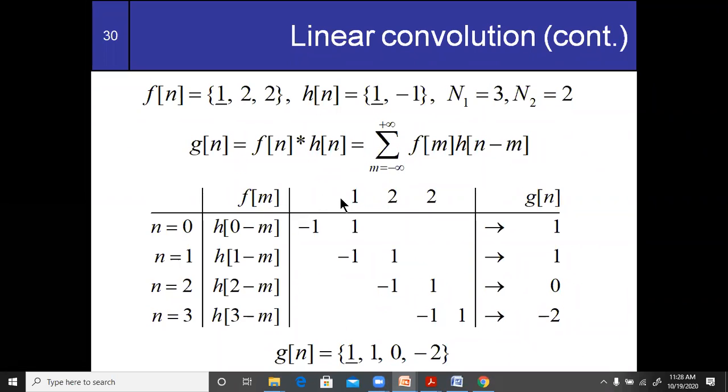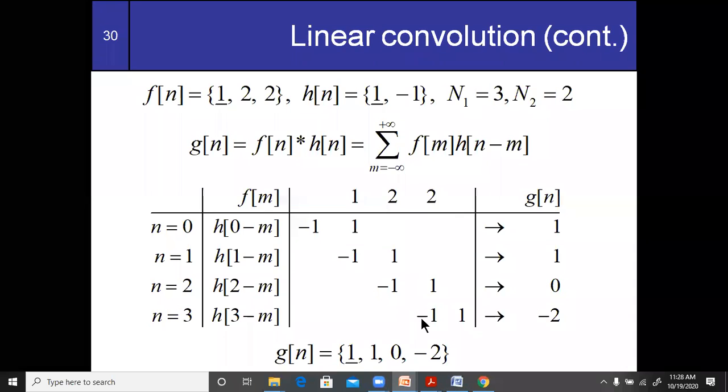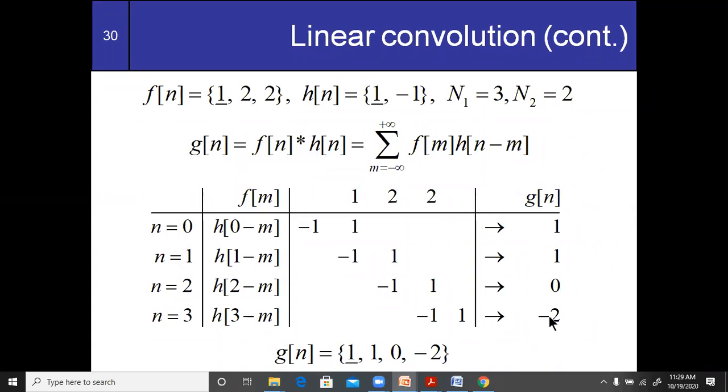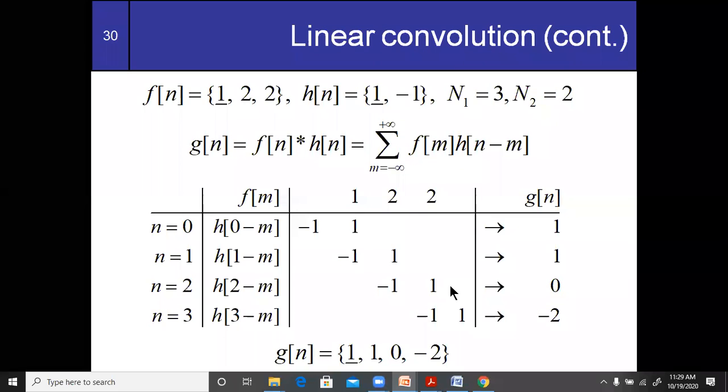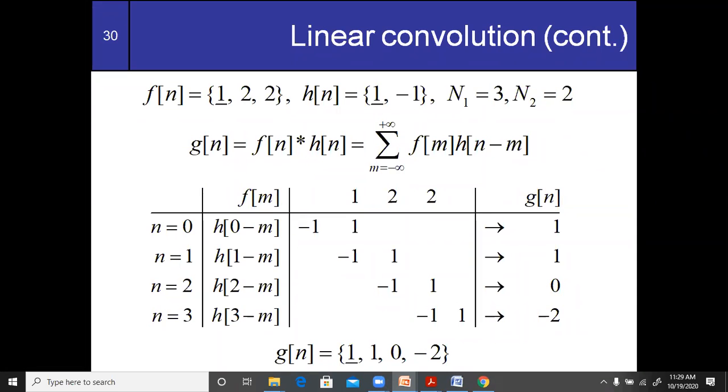Next, this should be multiplied with this. That means this quantity and this quantity only should be multiplied. 2 into -1 will be -2. So corresponding elements are multiplied. So hence we'll get the g of n value like this, and that is g of n is equal to 1, 1, 0, -2. Okay, this is the linear convolution method. Now, same linear convolution, how we can get using DFTs is what we'll see later.